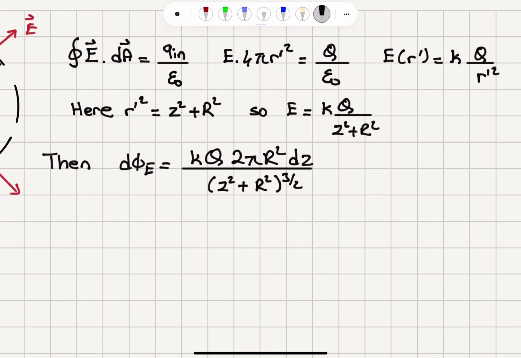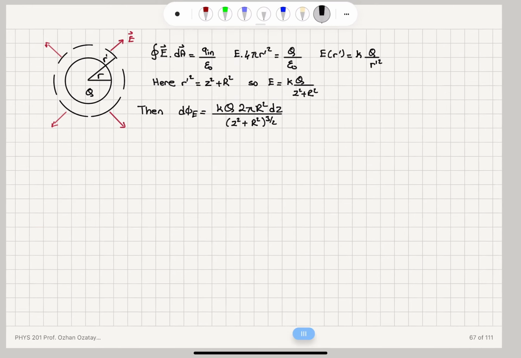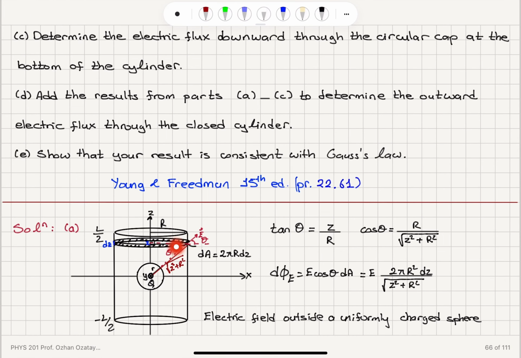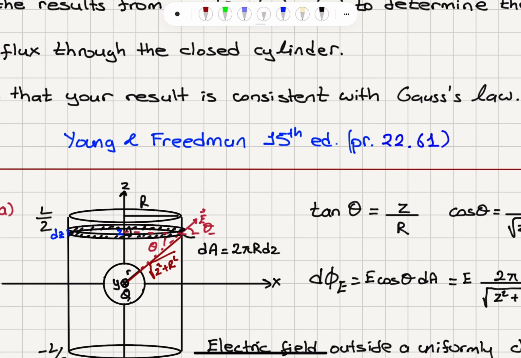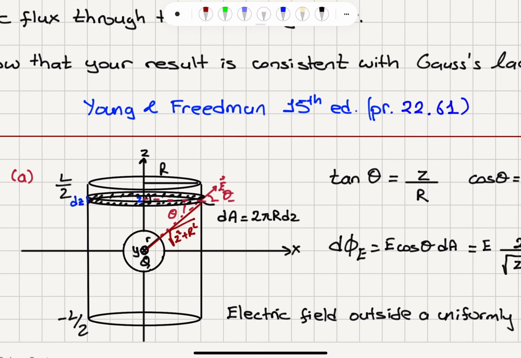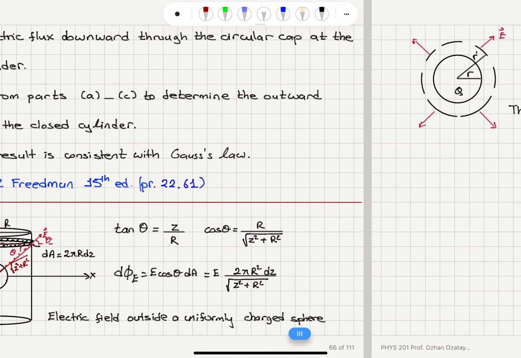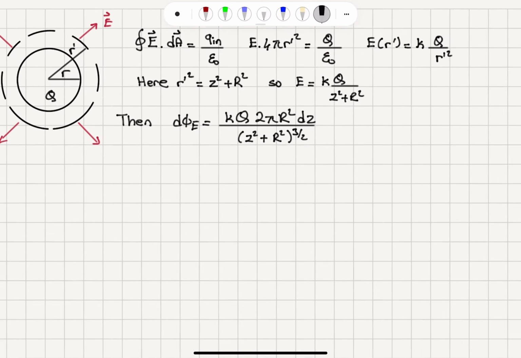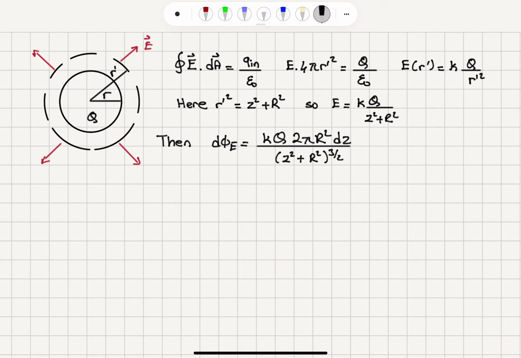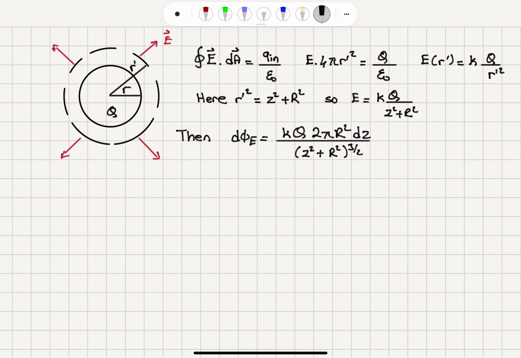All right. So that's the electric flux on this side surface, which has area 2 pi capital R dz. Now, in order to find the total electric flux through the side surface, I have to integrate from z equal to minus L over 2 to plus L over 2. Consider all such surfaces, the contributions, because the flux is always in the same direction, parallel to the area vector. The result is just an integration.